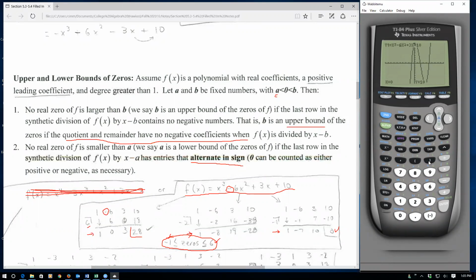If I trace and just go through, we know that -1, enter, is a 0. It looks like there might be one at 2. Yep, that's definitely in between there. And one at 5. Yep, so 5 is a 0 as well. So all those zeros lie between -1 and 6. So those are the bounds on the zeros. I hope this has helped. Thank you.